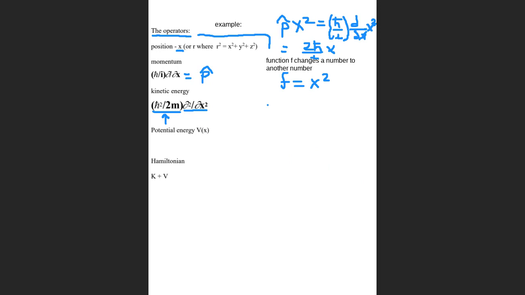So if for whatever reason f is x squared again, the kinetic energy operator is often K with a hat.